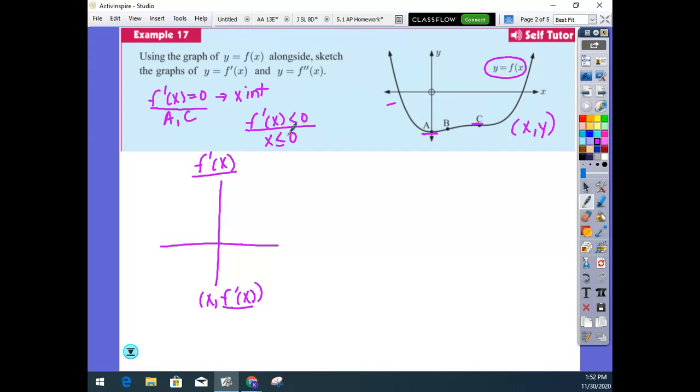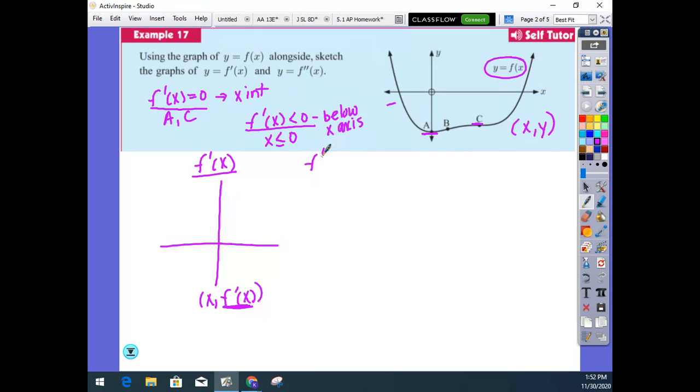Now, this is what's important, because this is my y value: where f prime has a negative slope, where f is decreasing, this corresponds to below the x-axis. Decreasing on f, because f prime turns into the y value on this graph. That means all of f prime of x is going to be below the x-axis for less than 0.